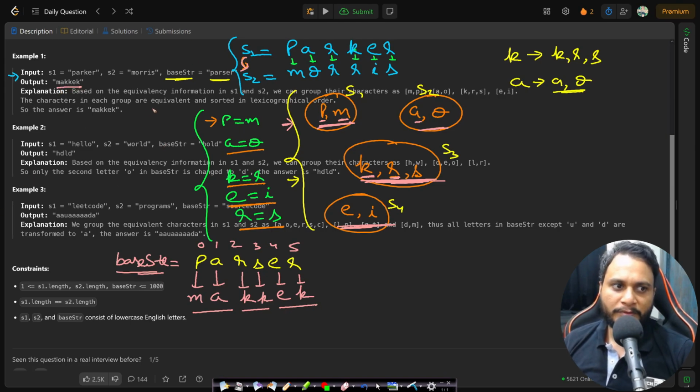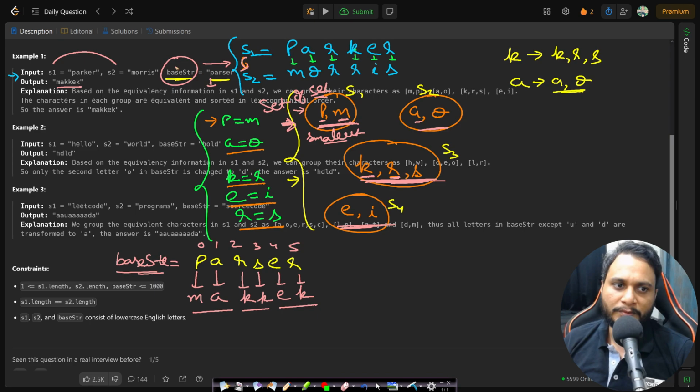So the entire goal of this problem is to take S1 and S2 and generate a set of set. This is a set of set where each of the smaller set will be containing all the equivalent items. And whenever you are done with this, you can parse through all the characters in the base string and see for each character to which set it belongs and pick the smallest ASCII character from that set and replace it.